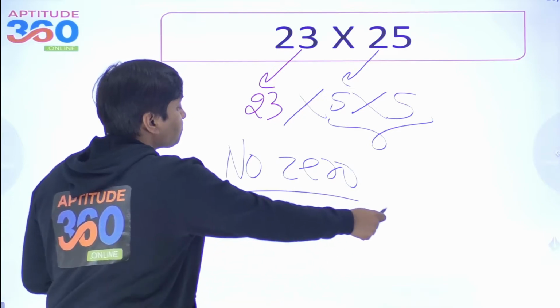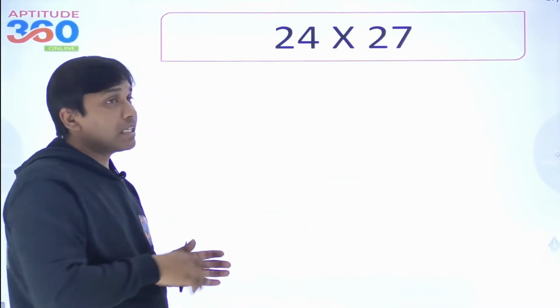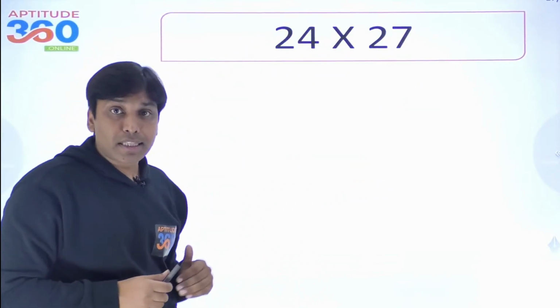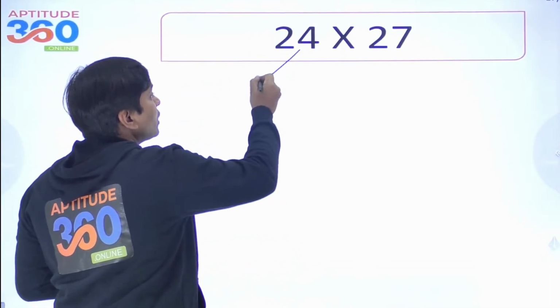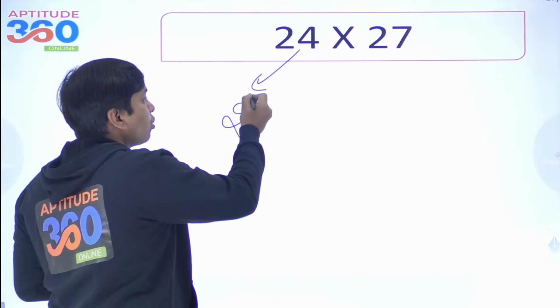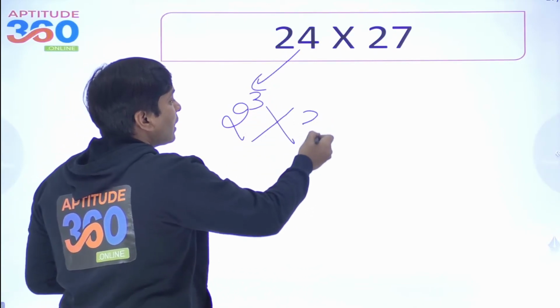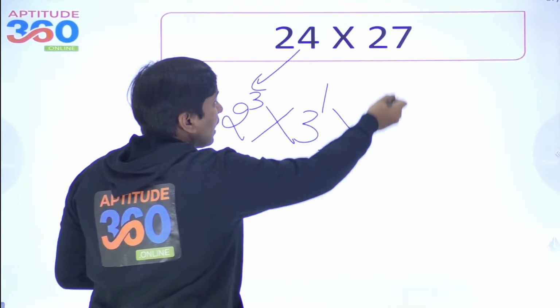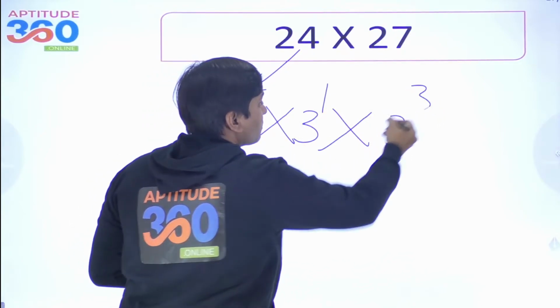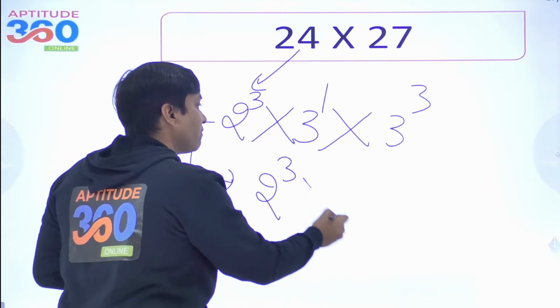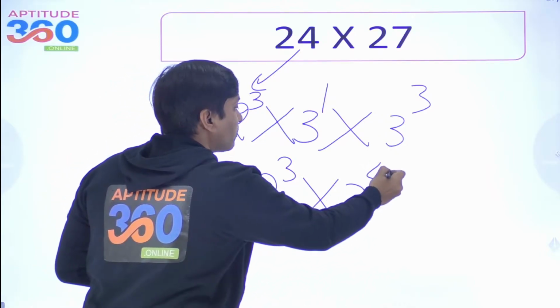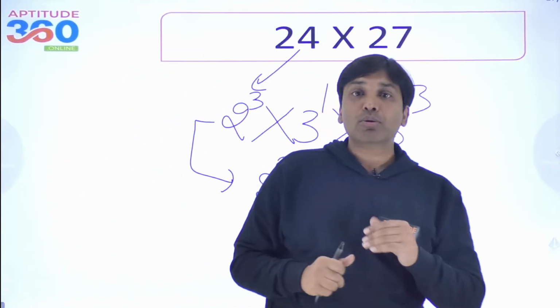Is that okay? Now let us move ahead and find out how many zeros are there in 24 into 27. Now try to understand this. 24 का जब आप prime factorization करते हो तो ये आता है 2 to the power 3 and 3 to the power 1, and this number is 3 to the power 3. So in total, if I do the entire prime factorization, this is going to be nothing but 2 to the power 3 into 3 to the power 4.